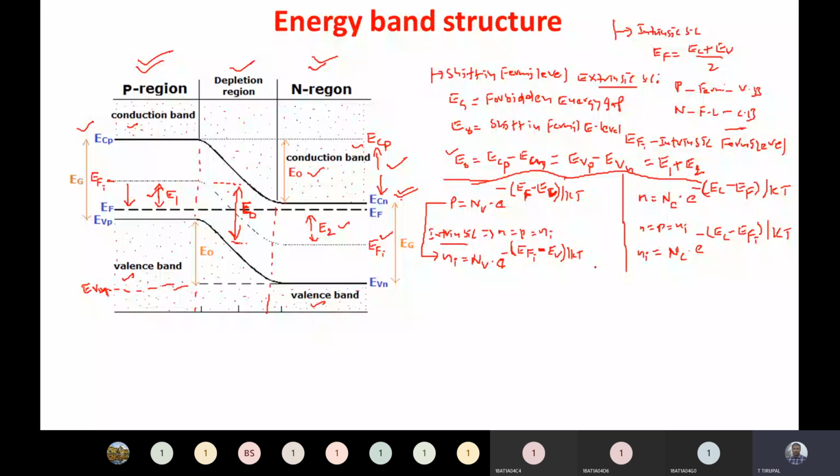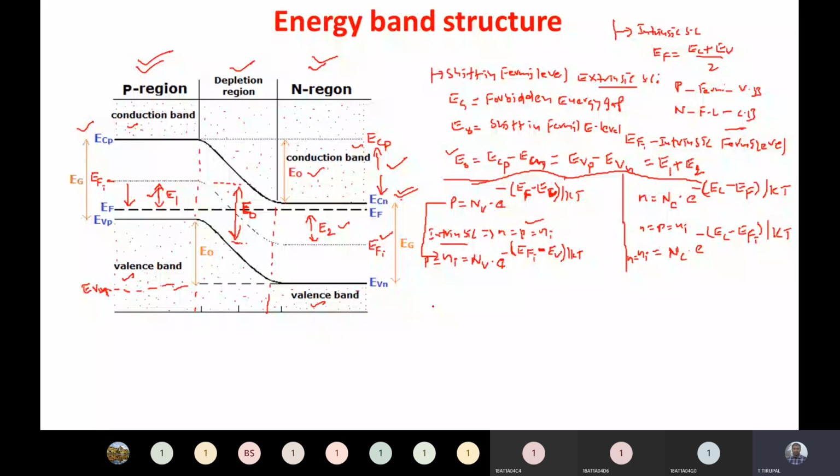Now, why are we representing it here as Ni? Because N is equal to P is equal to Ni, that's what we are representing here. Okay. Now what happens? See, this Ni, which is also equal to P, and this Ni, which is also equal to N here. Now, in order to represent Ni, we are going like this because it's an intrinsic semiconductor.